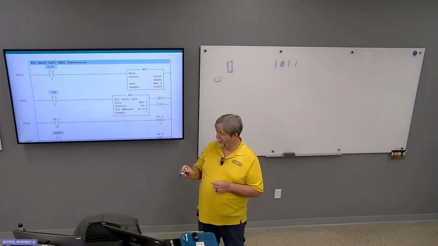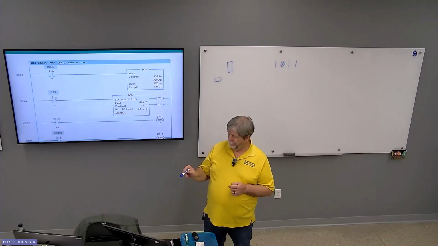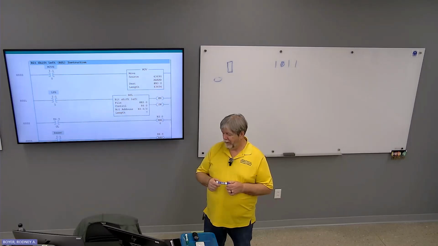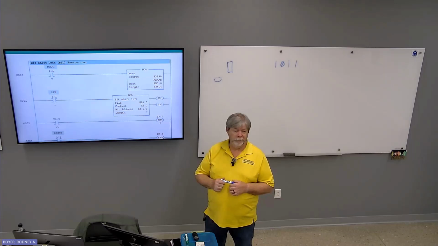Okay, if I move AA hex into bit file 0, bit file 30, the length is 4,306 or 43,604.